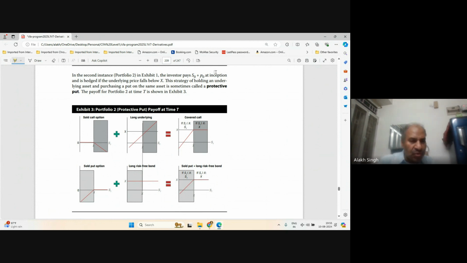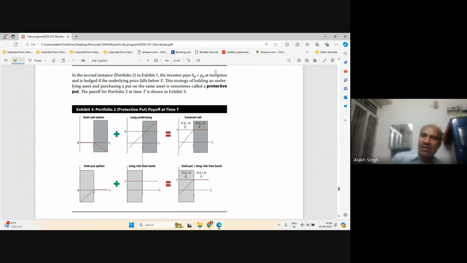And fiduciary call means what? As a duty of financial honesty. So why it is called a fiduciary call: it is not a naked call, but you have supported it by buying a bond up to the exercise price.